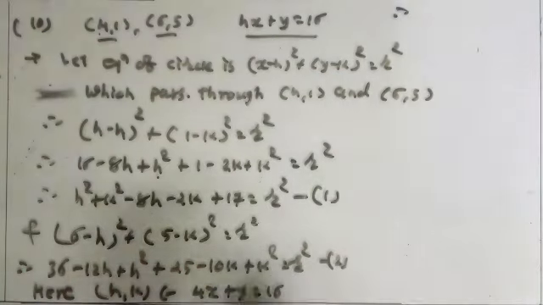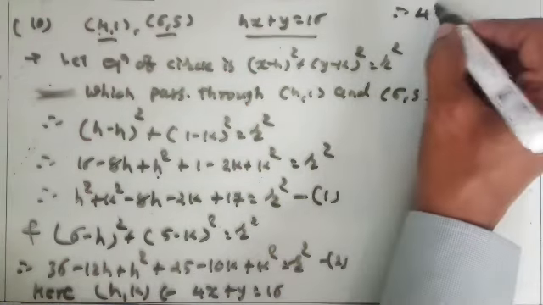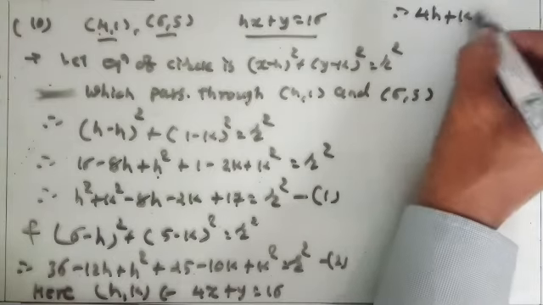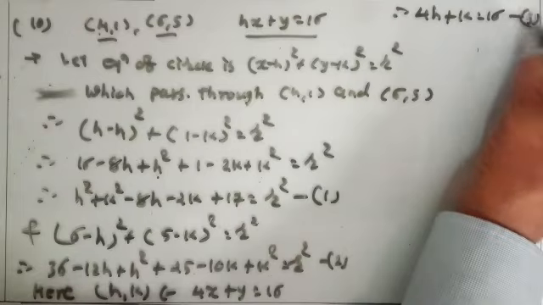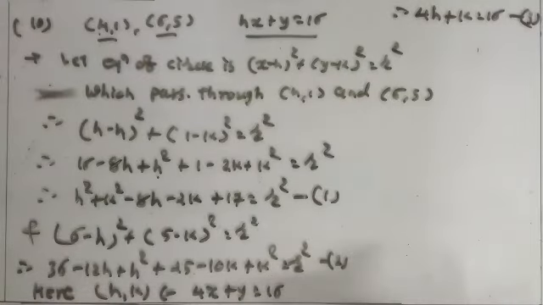Therefore, replace x by h and y by k. We get 4h plus k is equal to 16. Take result number 3. Clear? Now solving equations 1, 2 and 3, we get the values of h, k and r.